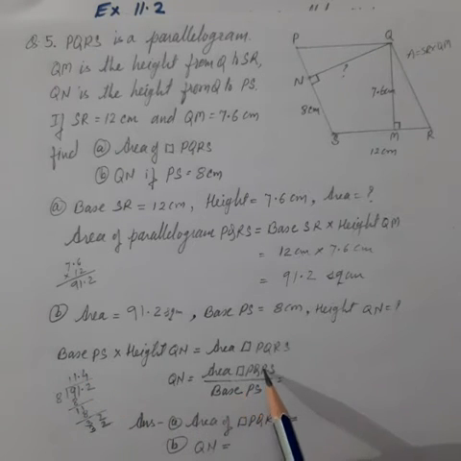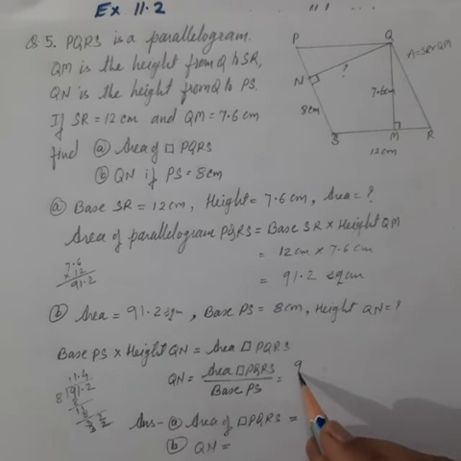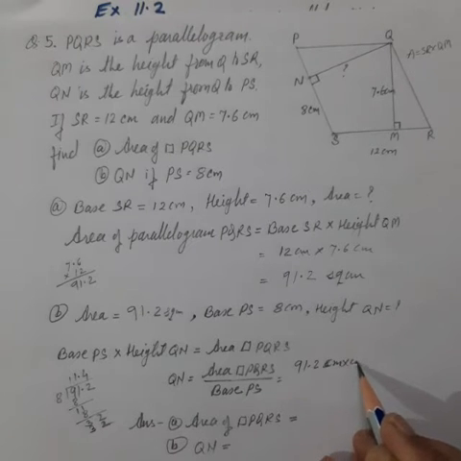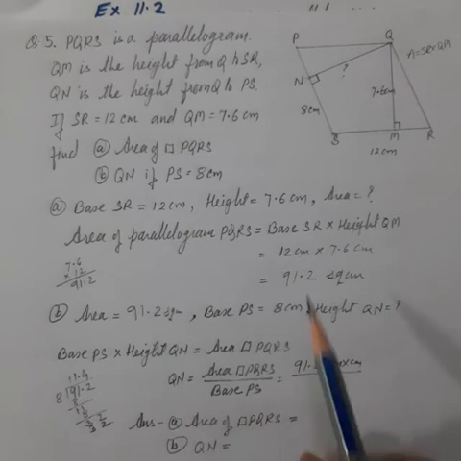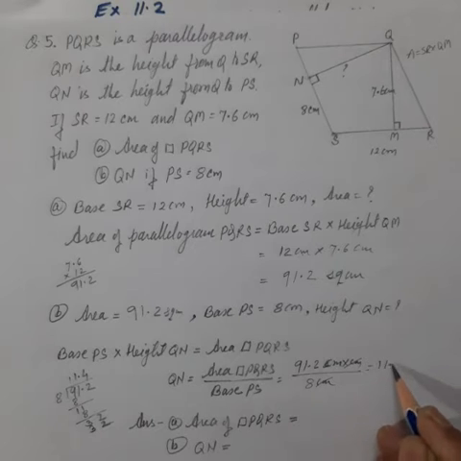Now we have these values. Area of this parallelogram is 91.2 square centimeter, means centimeter into centimeter. And the base PS is given 8 centimeter. Divide. 1 centimeter will cut and divide 91.2 by 8. We get here 11.4 and 1 centimeter is there.